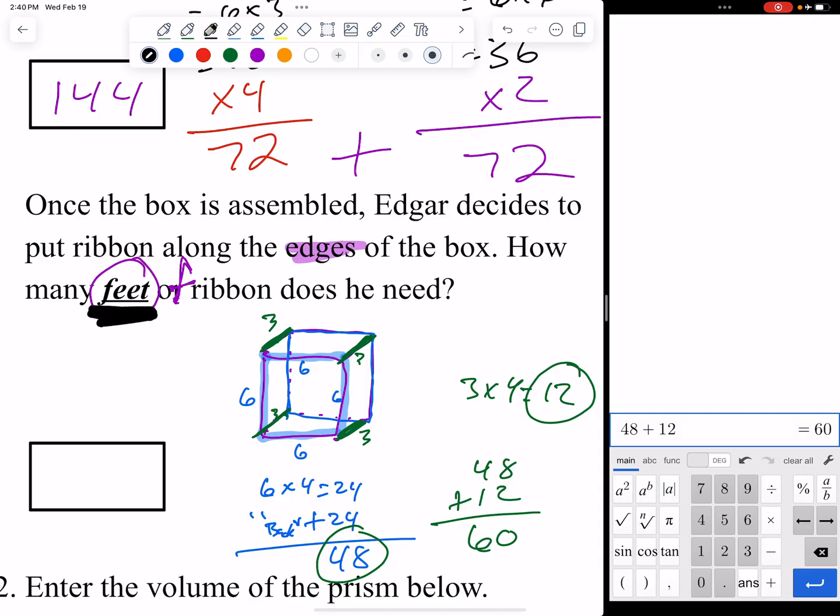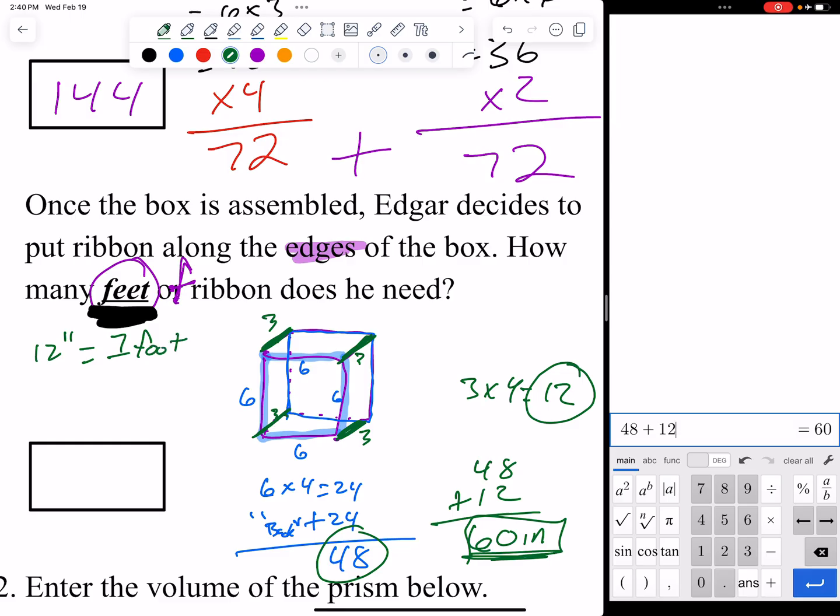Notice what I did. I put it in bold and underlined it and italicized it because you have to put it in feet. So one of the things you should know is this is 60 inches. You should know that 12 inches equals 1 foot.